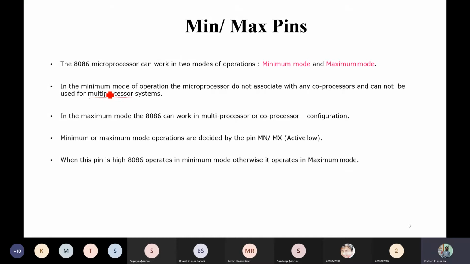In maximum mode, 8086 can work in multi-processor and co-processor configuration, either as a supporting processor, that is a co-processor, or as a main processor along with other processors. The maximum and minimum mode is decided by the pin at pin number 33.